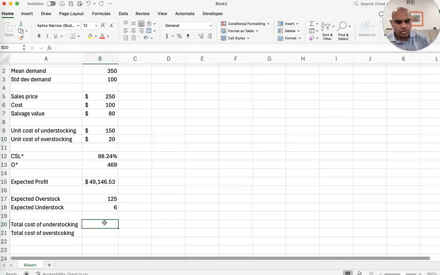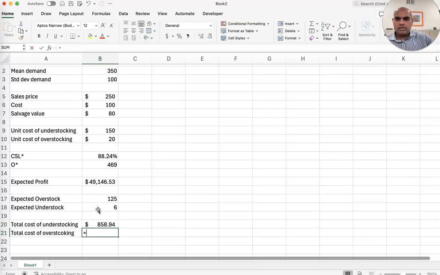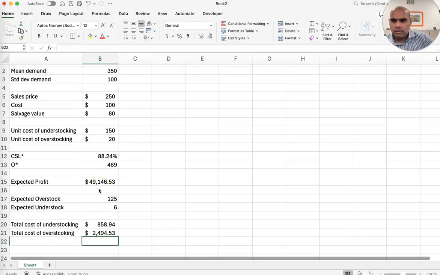So we can calculate the total cost of understocking as the unit cost of understocking times the number of units that you expect to understock by. And then the cost of overstocking times the number of units that you overstock. Overstocking.